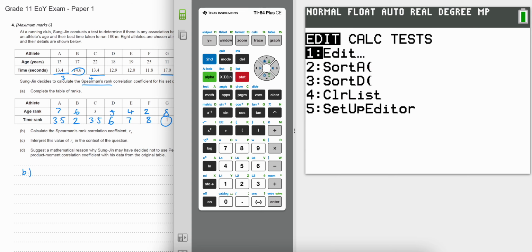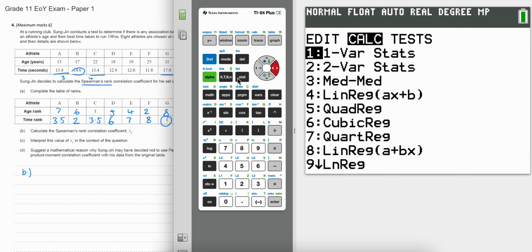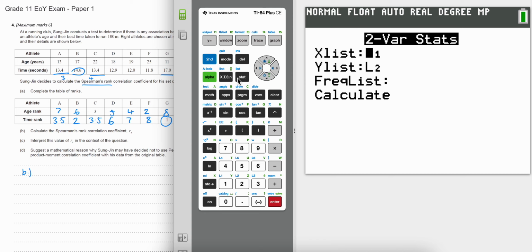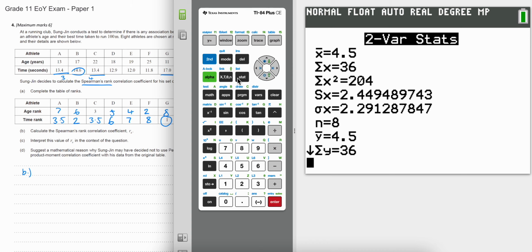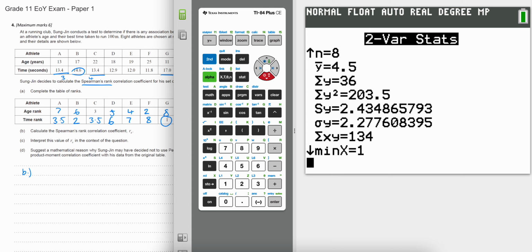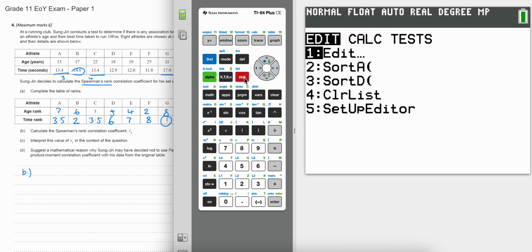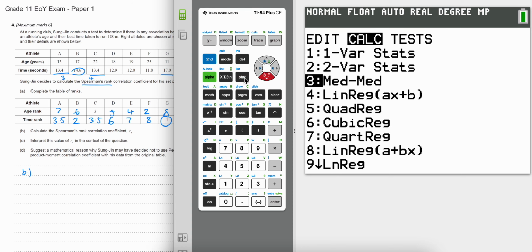And once I've got that, I can go to statistics, calculations, and this time it is 2 variables. I have my X data in list 1 and my Y data in list 2, and I'm going to calculate it. And the question asked me to find the r value for the data. Okay, so I now need to go to statistics and linear regression.